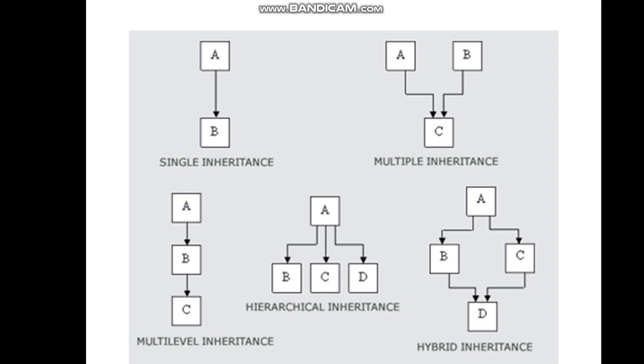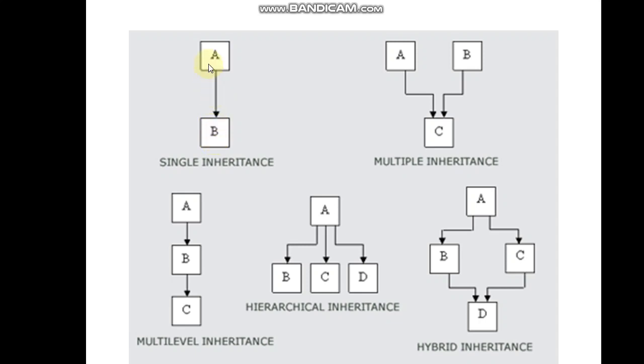The types of inheritance can be easily understood with the pictorial representation. The first type of inheritance is single inheritance, where there will be a single base class. The properties of the single base class will be inherited into a derived class.